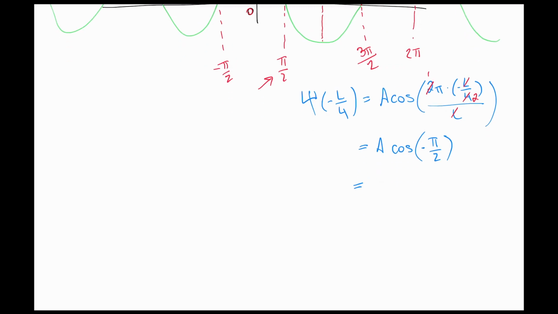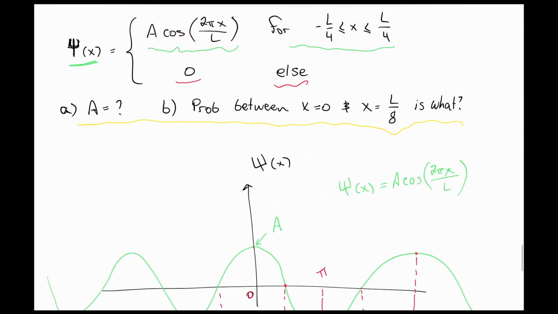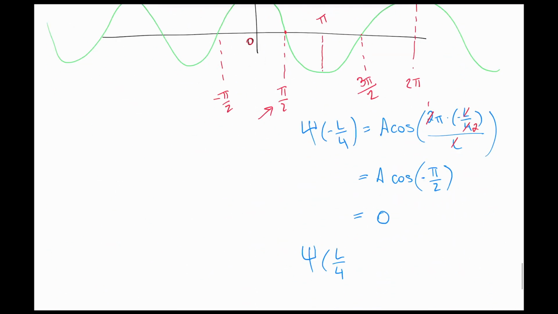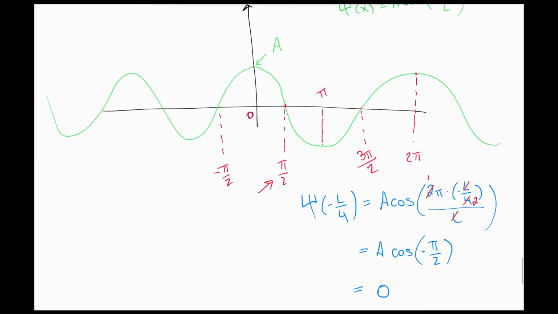So what all of that told us is that when you plug in negative pi over 2 inside your cosine, you get 0. And this is the same thing for L over 4, which is the second boundary over here. I just plug in these boundaries into my x variable, because x is between these bounds, and I determine that the height of the wave function there is 0.